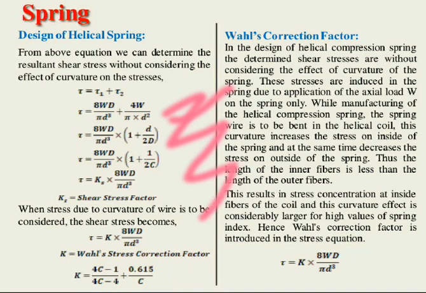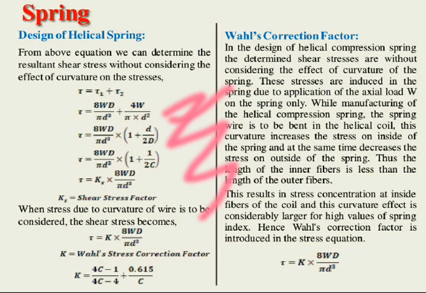This curvature increases the stress on the inside of the spring, and at the same time decreases the stress on the outside of the spring. Thus the length of the inner fiber is less than the length of the outer fiber.